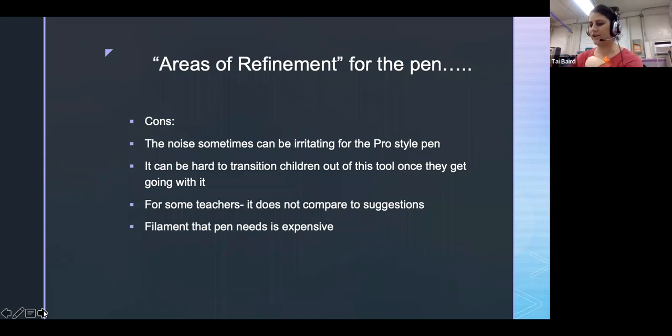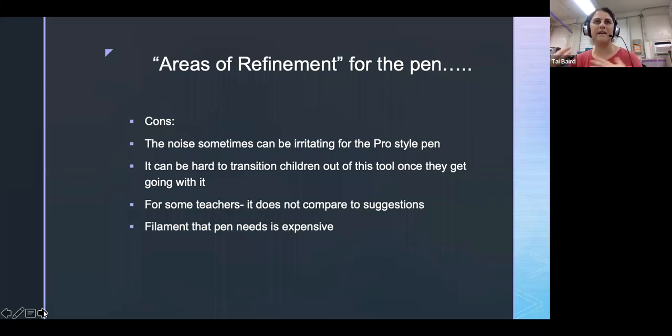Filament, that is like your ink, I'm going to show you right now, comes in all different colors, but these things are expensive. When you use them up, you're only getting a certain amount in your class pack or with the pen that you've bought.